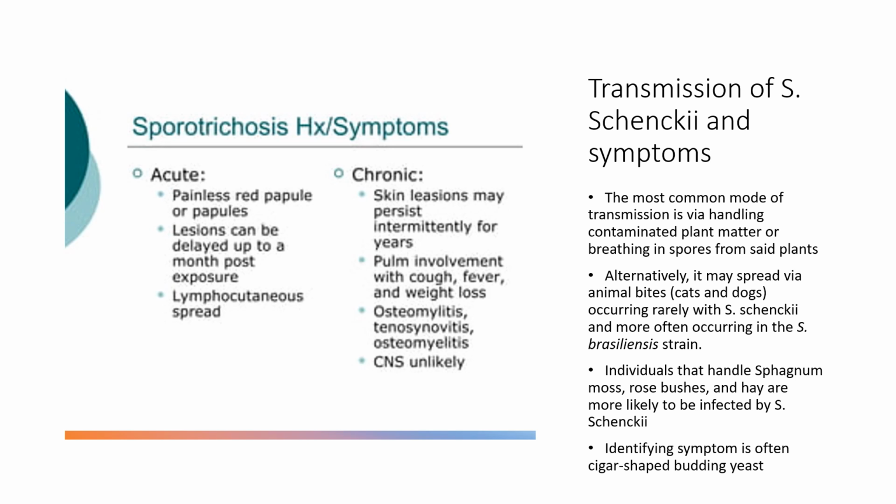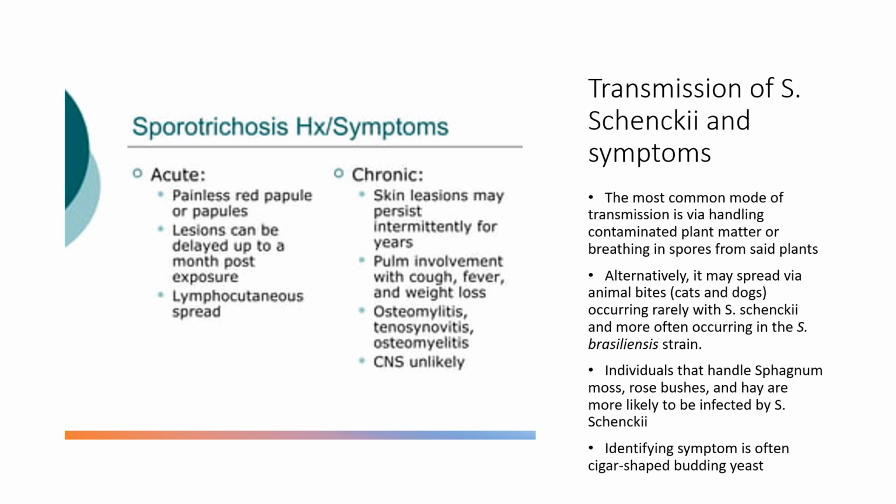Symptoms of sporotrichosis for less severe or mild cases are a painless red papule, lesions that may not appear until up to a month or 6 after exposure, and a lymphocutaneous spread.